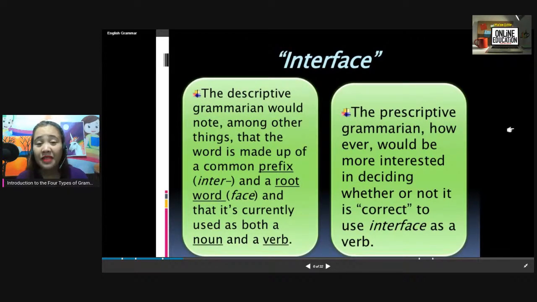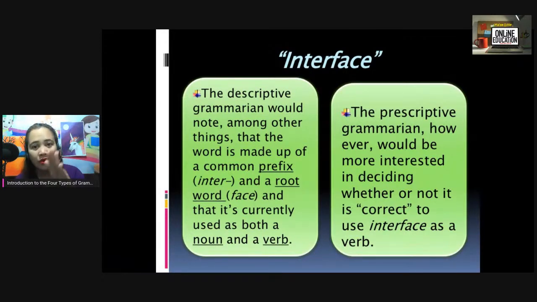But the prescriptive grammarian, however, would be more interested in deciding whether or not it is correct to use interface as a verb. So in the descriptive, you simply use it. But in the prescriptive, is it correct or not? That is the difference between the descriptive and the prescriptive.